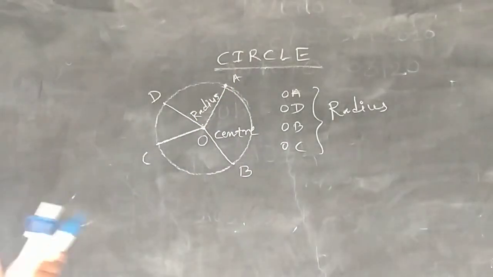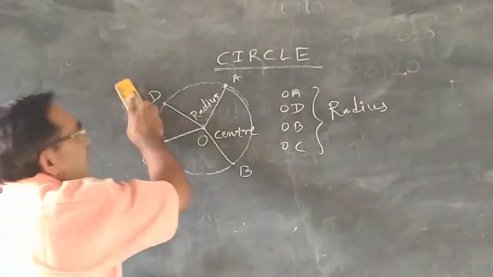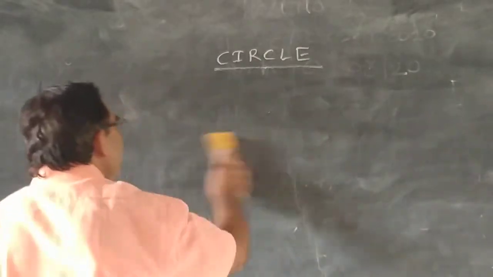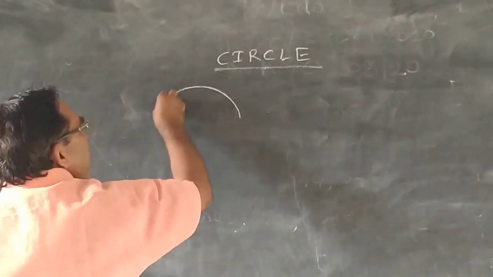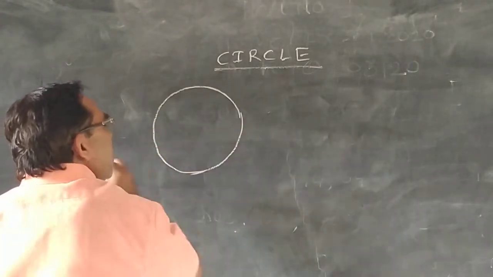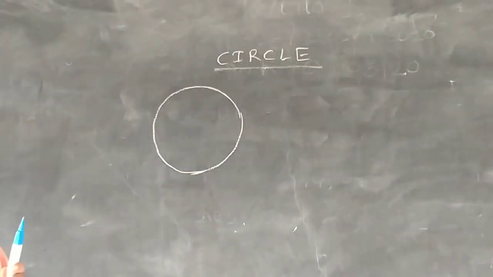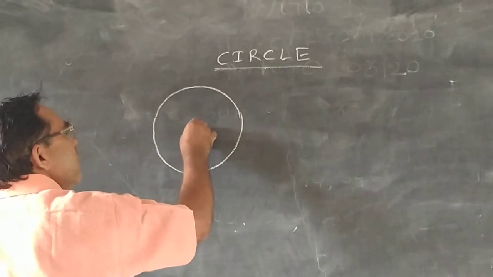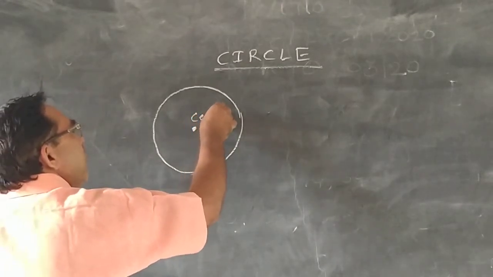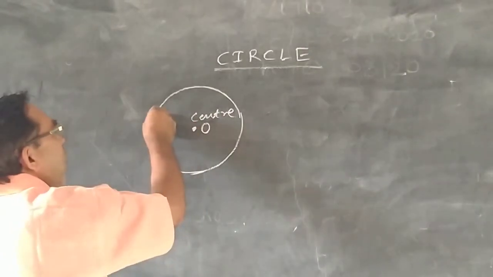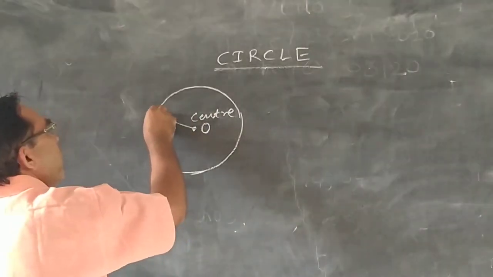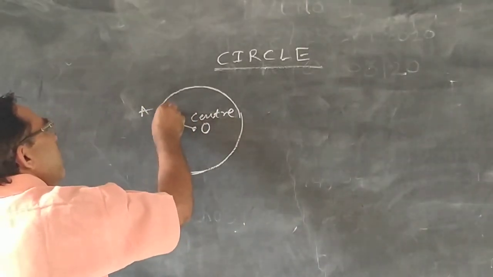Now I draw another figure. Here I draw a circle, roughly. This is the center O, and here I take point A, it is the radius.